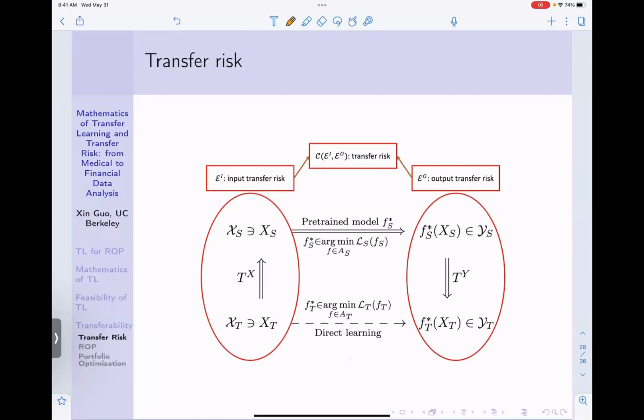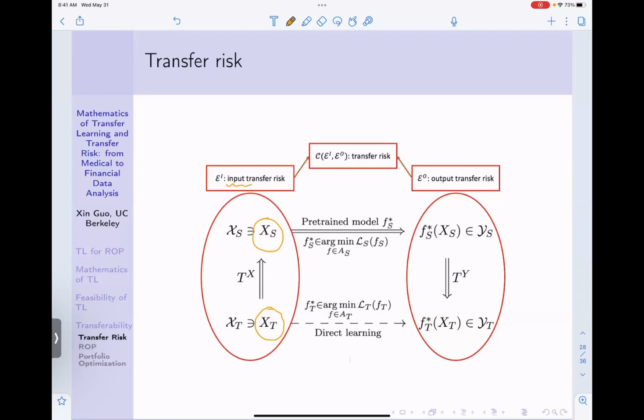Why is it a transfer risk? Because you associate it with the three steps of transfer learning. In each of the steps, there is a risk. So when you think about the input mapping, fitting the data of the target task to the source task, you are basically comparing the distributions of the data in some way.